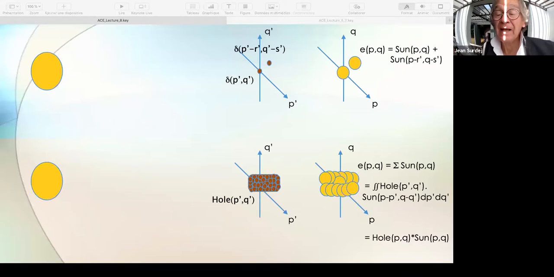And this is exactly equivalent to making a double integration of the shape of the hole, represented by the function hole with the variables p prime, q prime, multiplied by the real image of the sun, but every time translated. And we have seen that the translation is p minus p prime and q minus q prime. And instead of making a summation, we make a double integration on the variables p prime and q prime. And this is exactly a convolution.